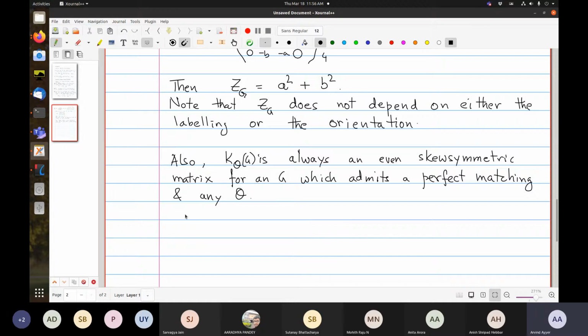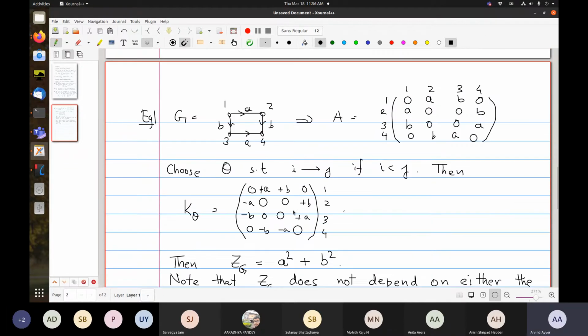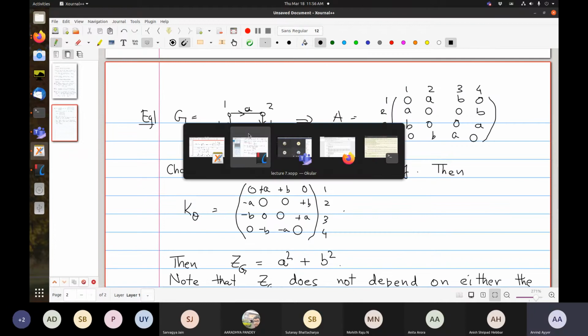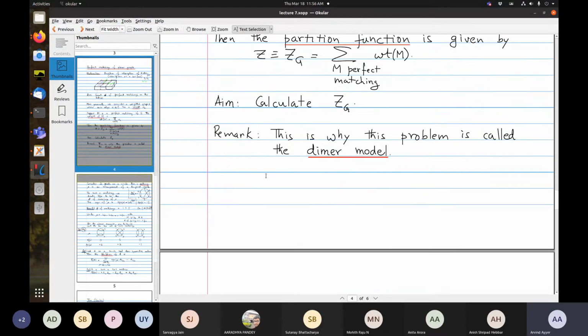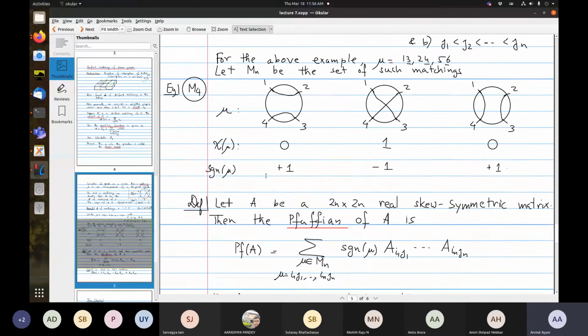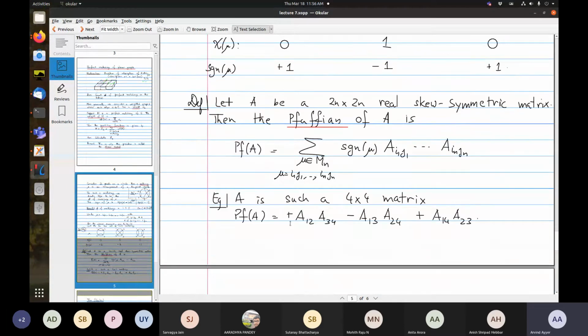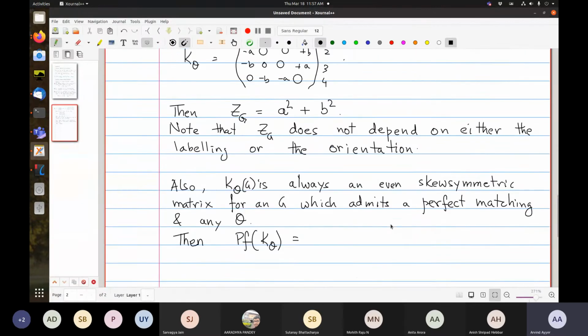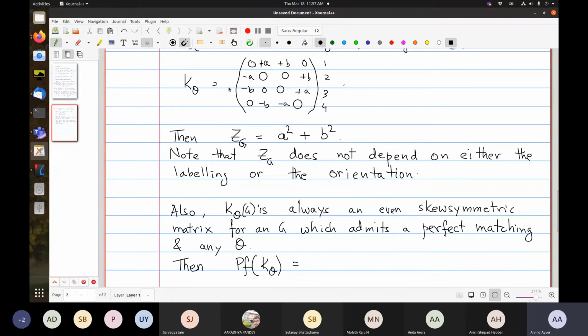So let's calculate the Pfaffian. Pfaffian of KO is what? Okay, I'll omit the G. This is our G. We already have done this actually in the previous example. For this 4x4 skew symmetric matrix, we computed the Pfaffian. So it's A12 times A34.